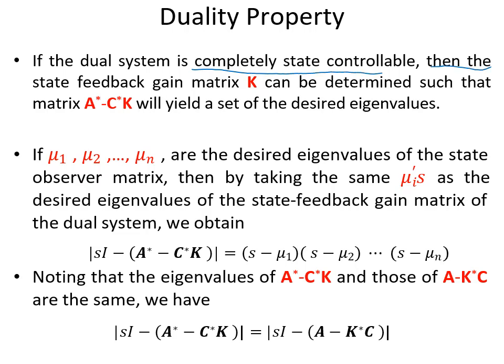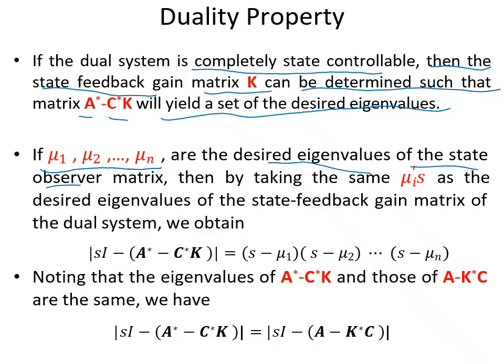Then the feedback gain matrix K can be determined such that A star minus C star K will yield the set of desired eigenvalues. We have the eigenvalues mu1 to mu n. These are the desired eigenvalues of the state observer matrix.